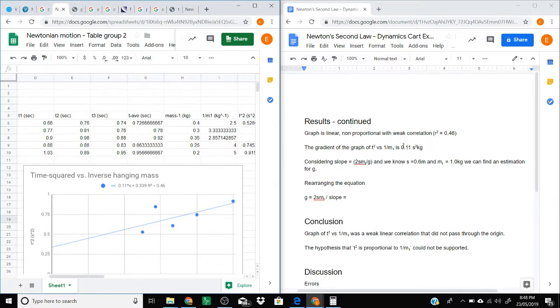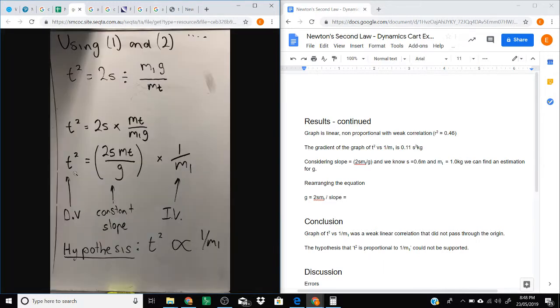All right, so we've got the gradient. So we're actually going to rearrange this equation. The way I've orientated this, dependent variable equals a bunch of constants, that's going to be our slope, times the independent variable: y equals slope times x. There's a plus c, but we'll ignore it.